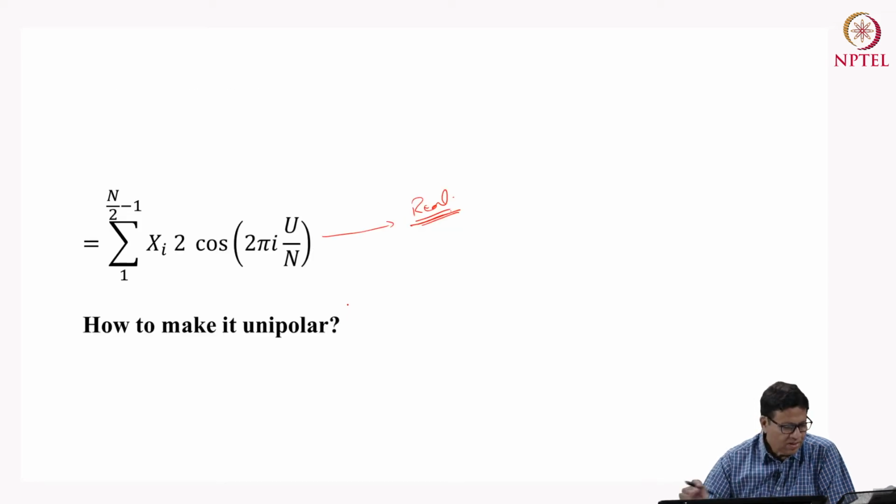So unipolar, actually now you have made the samples real, and then suppose these are the samples. So if this is say 0 and this is some say minus 1, this is say plus 1, this is say 2.